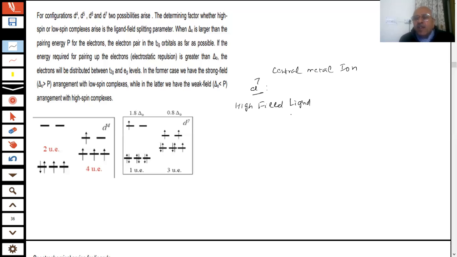High field ligands, for example CO or CN, these are very high field ligands, and nitrogen ligands like diamine, etc. Then what happens, students?